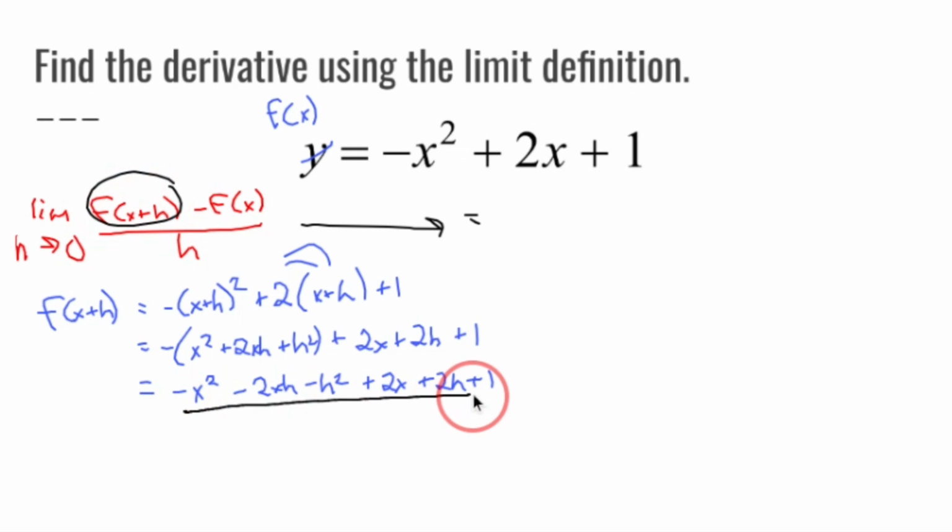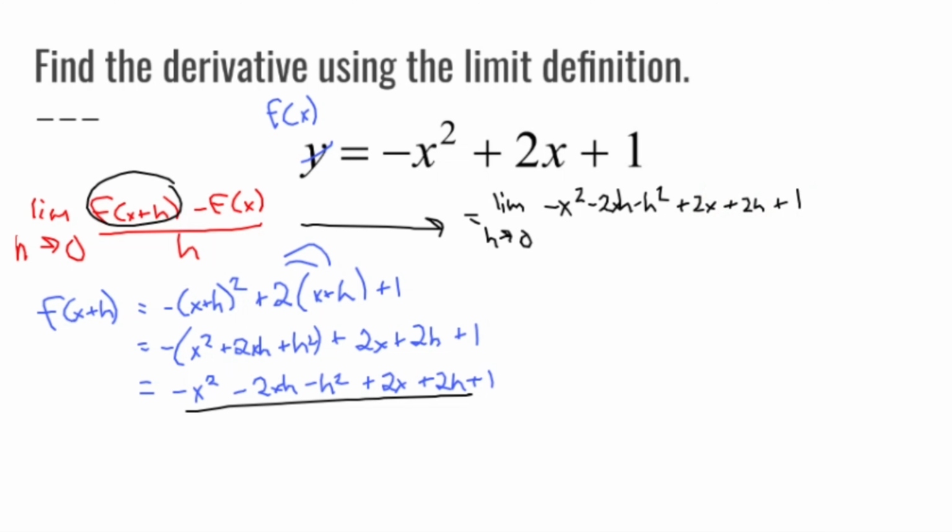So I'm going to write out the limit as h approaches 0 of f of x plus h, which is negative x squared minus 2xh minus h squared plus 2x plus 2h plus 1.